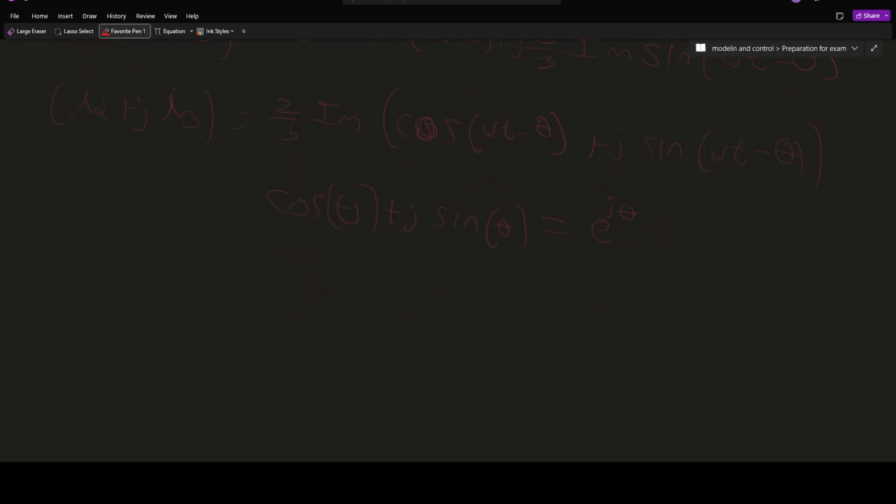So if we change this, we are going to have that our I alpha plus j I beta equals 2/3 the amplitude times e to the j times omega t minus theta. Now we have another identity that says that e to the a times e to the b is equal to e to the a plus b.